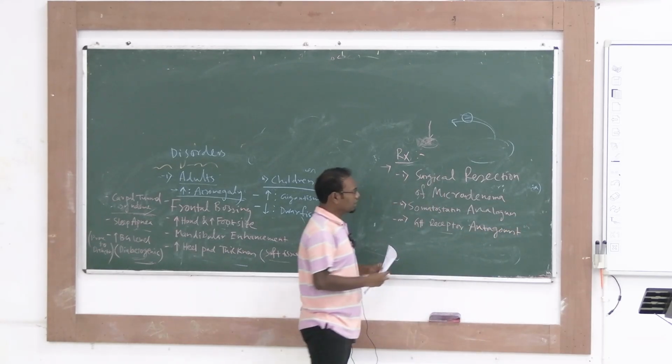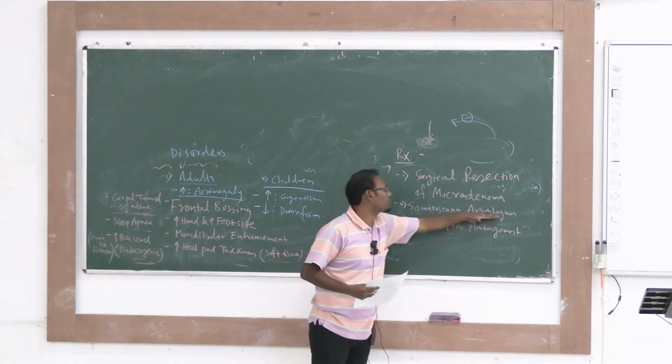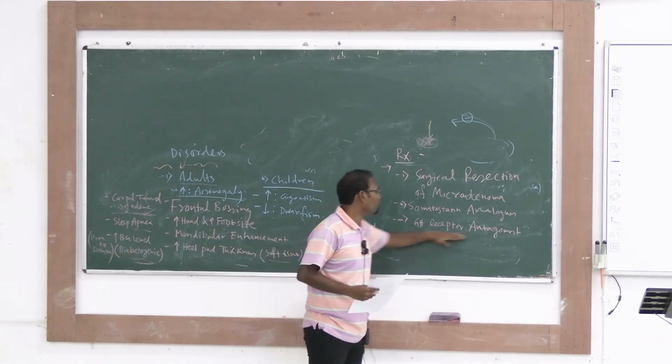So we can block them at the production level, and we can block them at the functional level.